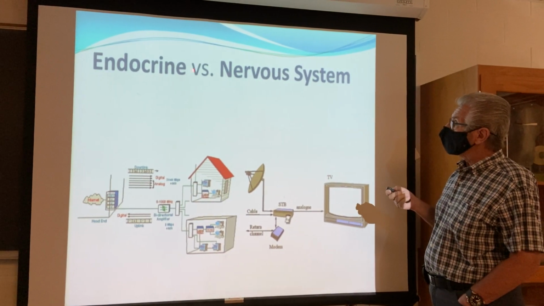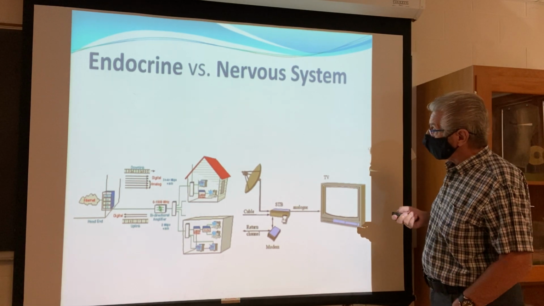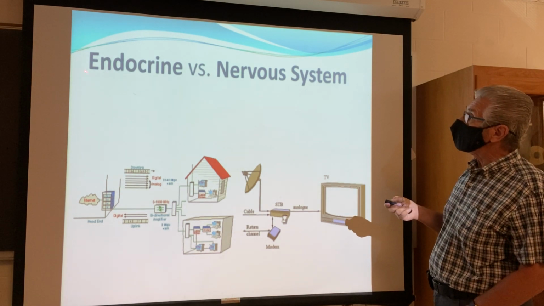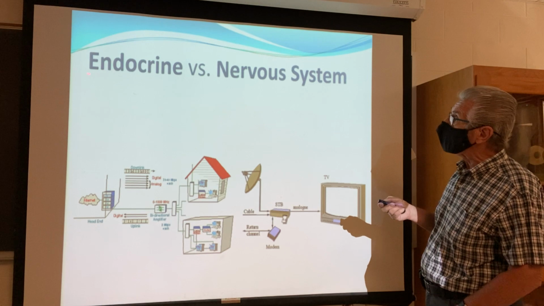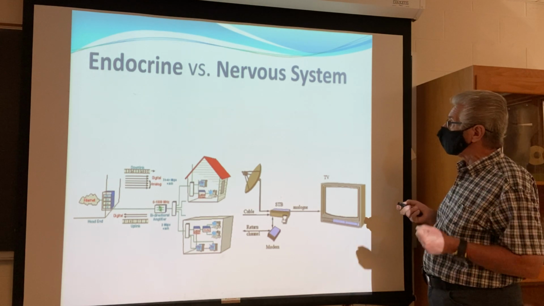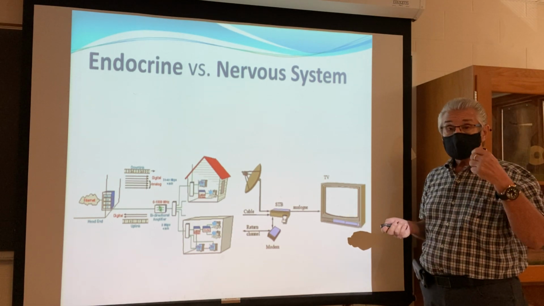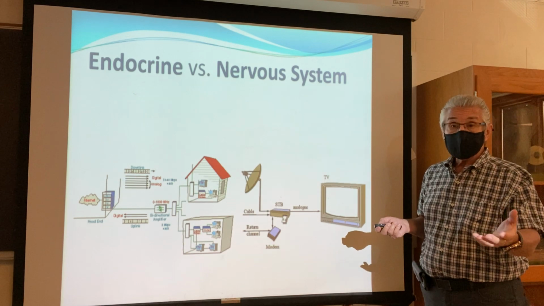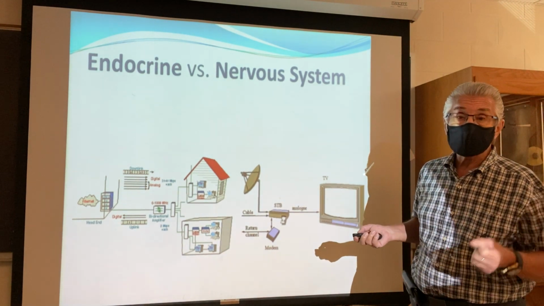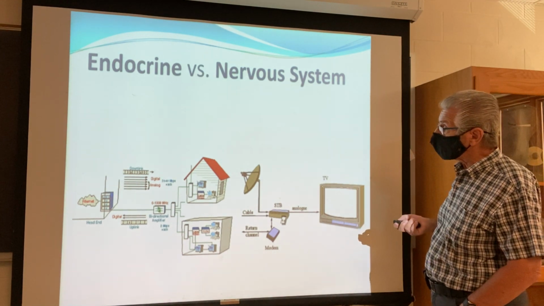The hormones effectuate various metabolic activities that occur in our body, and in many cases, these are graded events. Nervous system, instantaneous feedback. Endocrine can last for days, in some cases even months, depending on how much stress you're under.